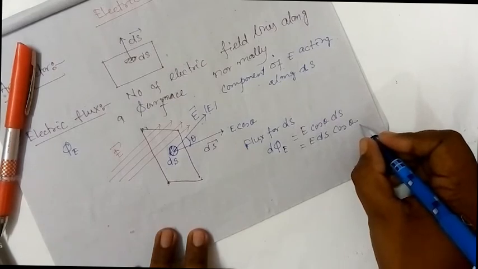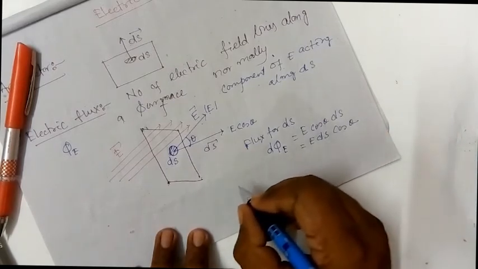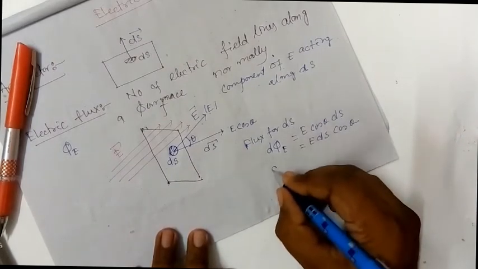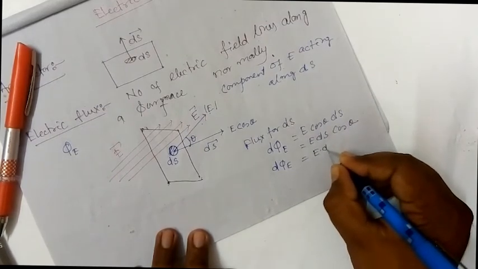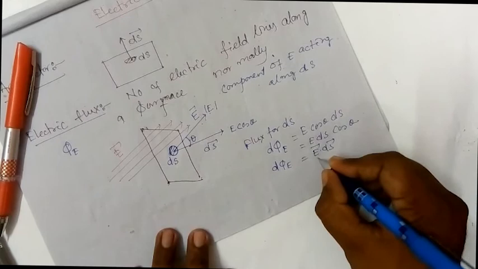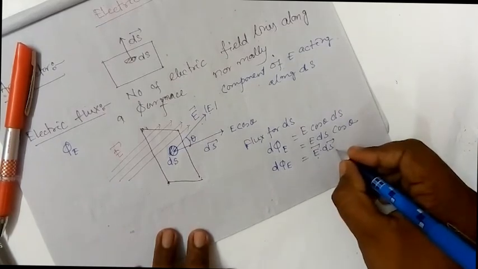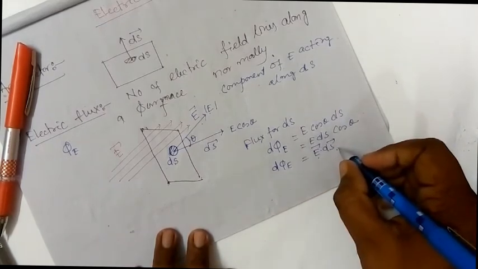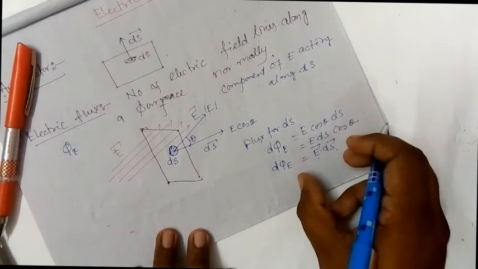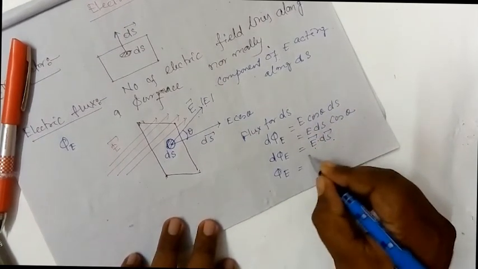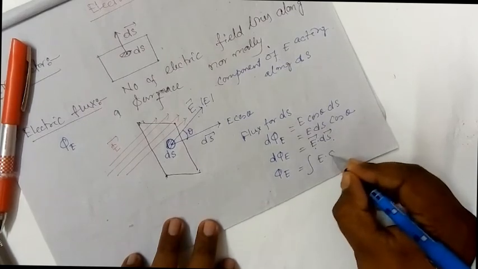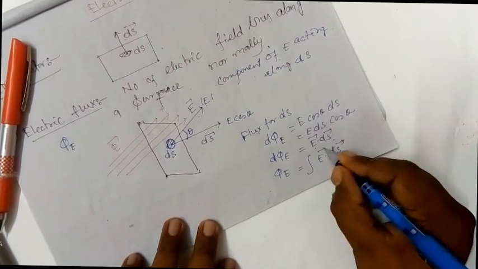This reminds us of the dot product. So we can write d phi E equals E dot ds vectorially, because E is a vector quantity and ds is a vector quantity. As we are making a dot product, we get the electric flux, and phi E is the integration of E dot ds.